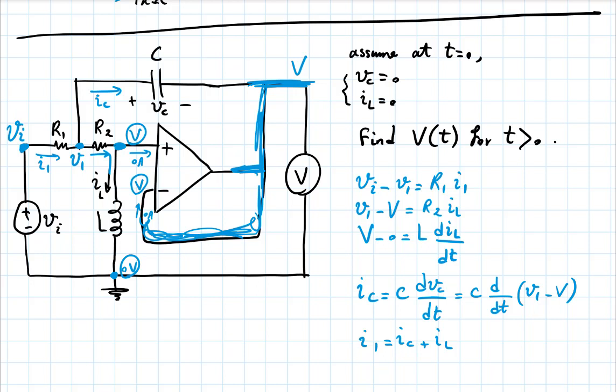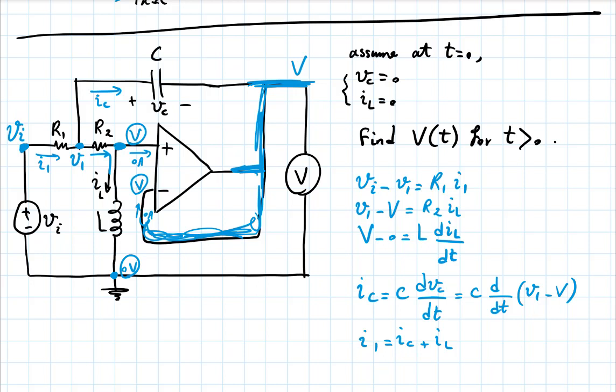Now, I didn't write it formally like nodal analysis, right? I'm allowing myself freedom to write things here. Okay, but next is just to combine these. And it's actually not very difficult.